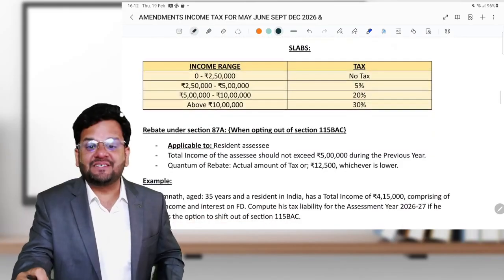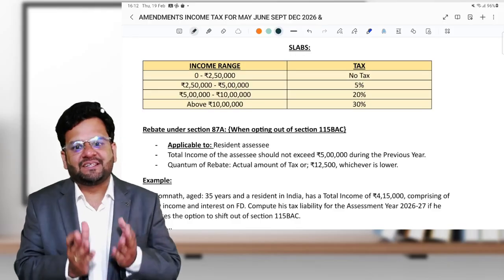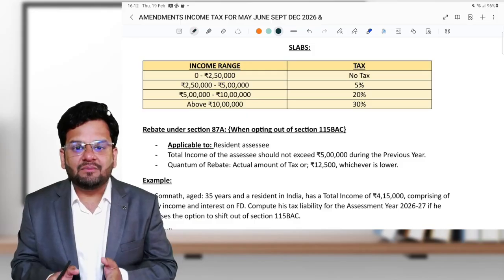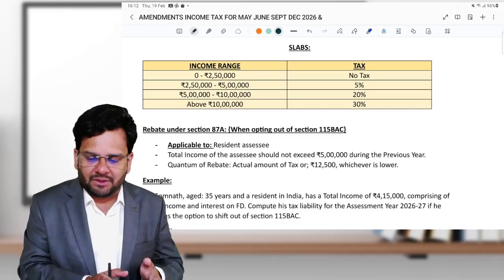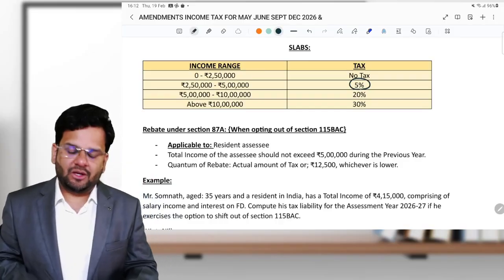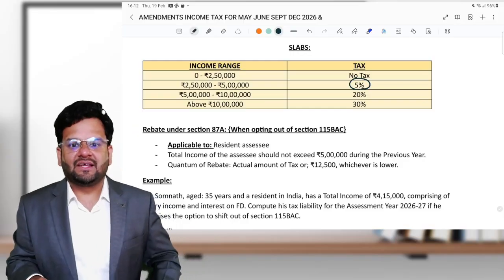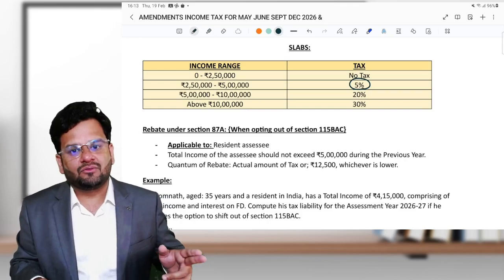What are the slabs here? Up to the basic exemption limit, of course, there is no tax payable. When the income is between the basic exemption limit and 5 lakh rupees, tax is at 5%. So if you are not a senior citizen, then from 2.5 lakhs to 5 lakhs, tax is at 5%.